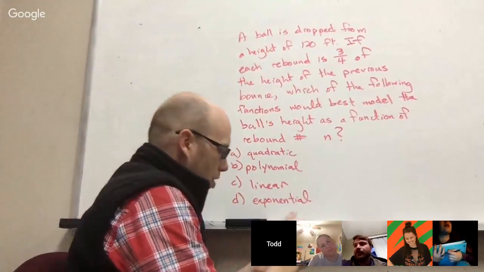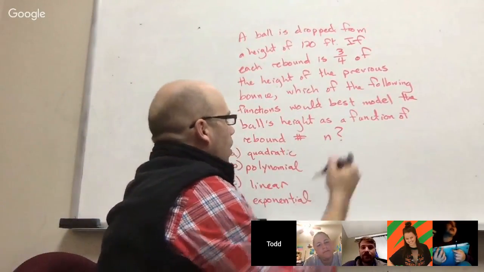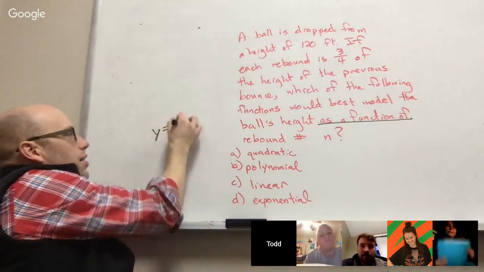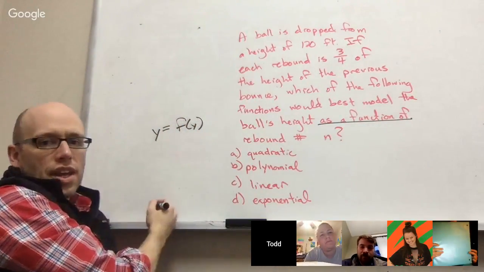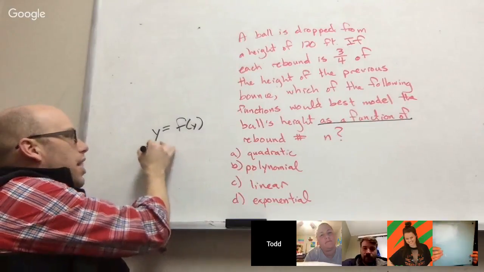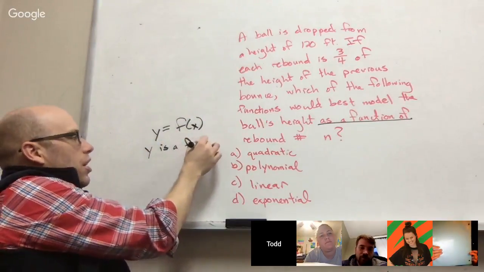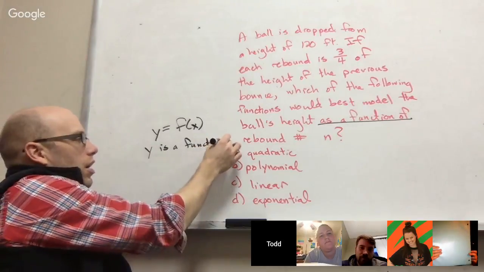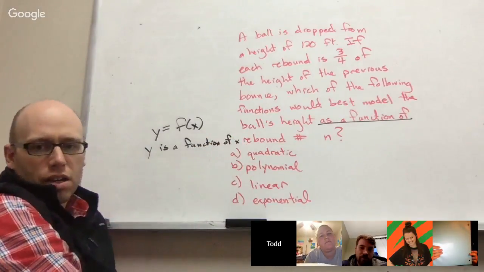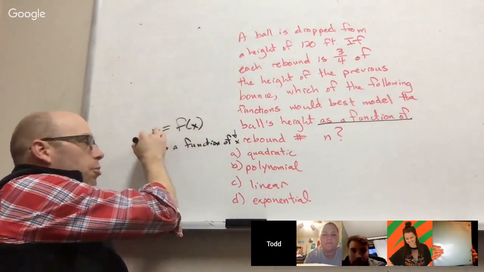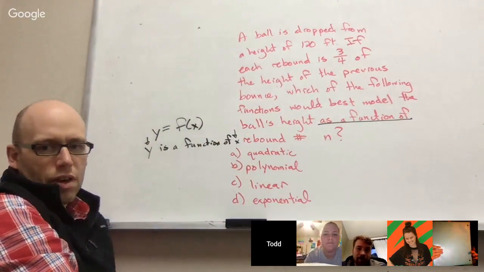This language right here, as a function of: if you have y equals f of x, the standard way of saying that is we say y is a function of x. So that language you should be able to read as input and output.